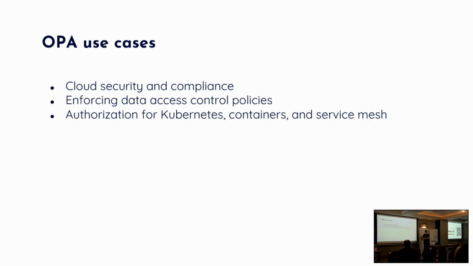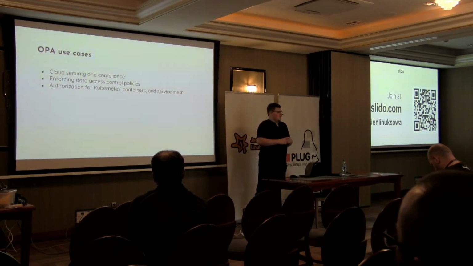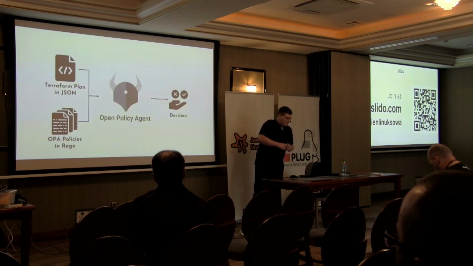We will use Terraform, we will use GitLab CI/CD pipelines. But also we can granularly share access with our users in the data area, for example, with databases. And also we can use it for Kubernetes, containers, servers, service mesh, etc. Because it's general purpose. We just need to decide something. Let's use OPA to decide.